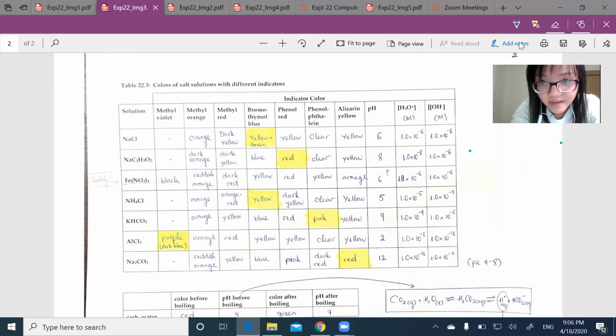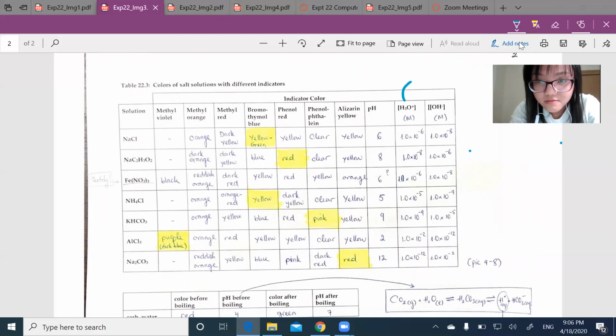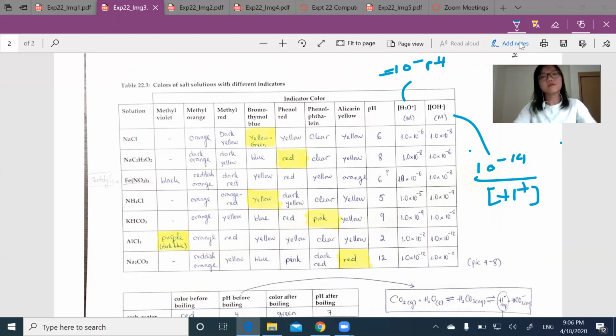Okay, so that one should be 10 to the negative of pH. And then this one should be 10 to the negative 14 divided by the concentration of H plus. That would just be it.